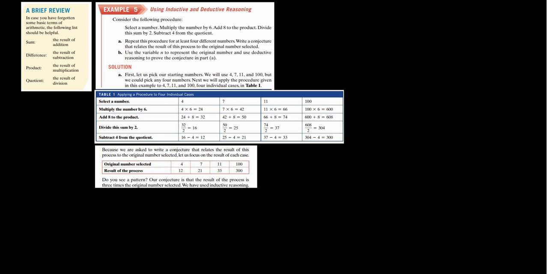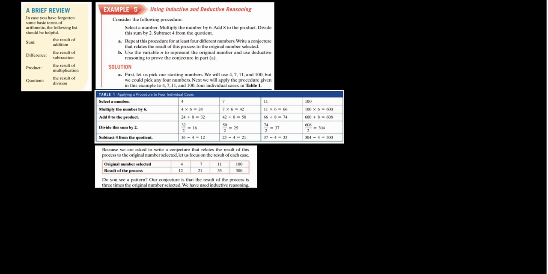This is inductive reasoning. We followed the directions, saw what the resulting number is, compared it to the original number, and can reasonably say that this process multiplies the number by 3. That's inductive.